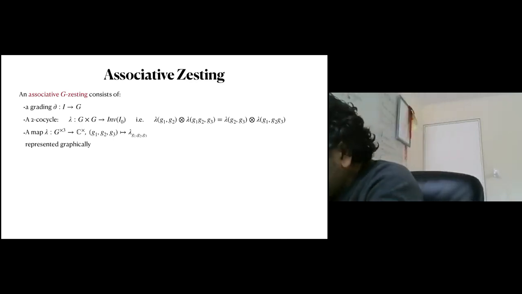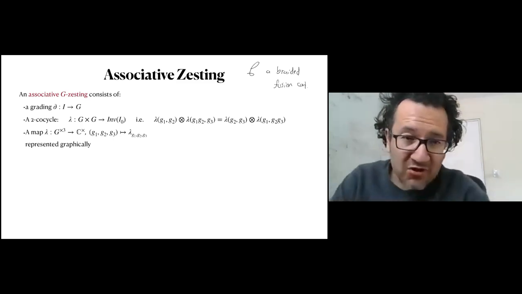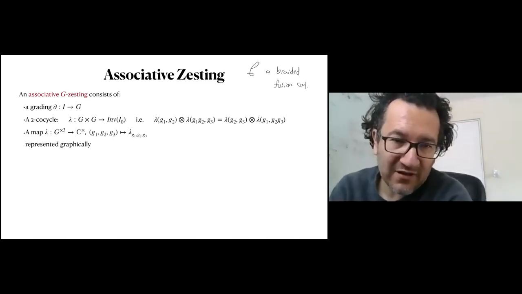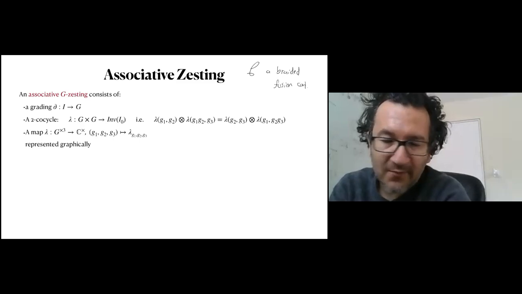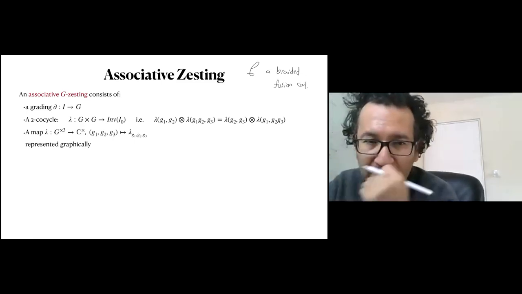So in order to do things a little simpler, I will assume that my C, in fact, is braided. It can be done in more generality, and even in the paper this is written in a more general way. But in order to do things simpler now, I will do it this way.